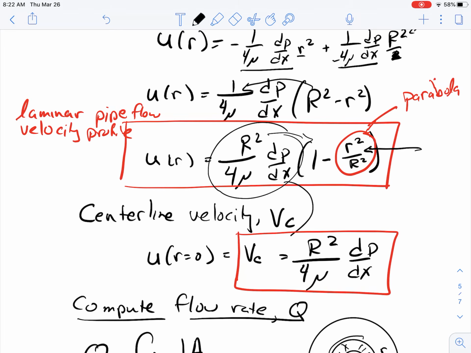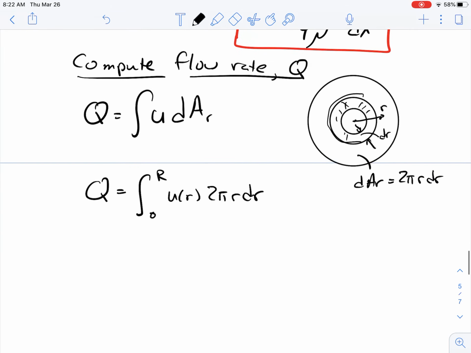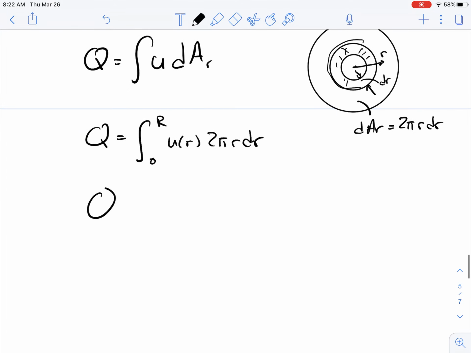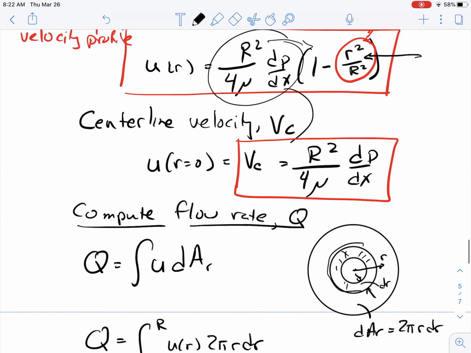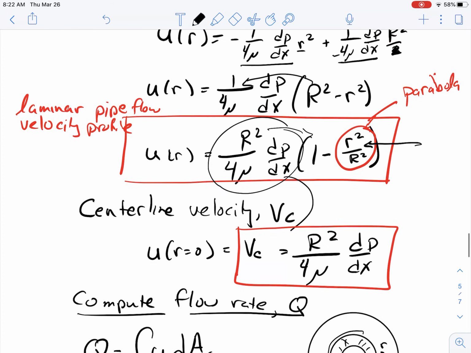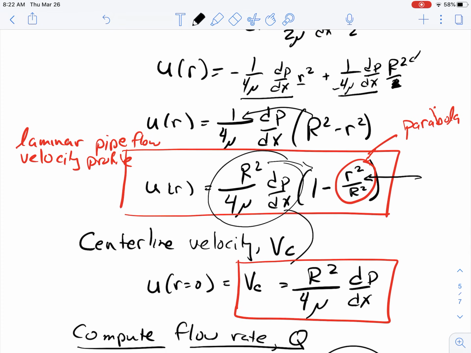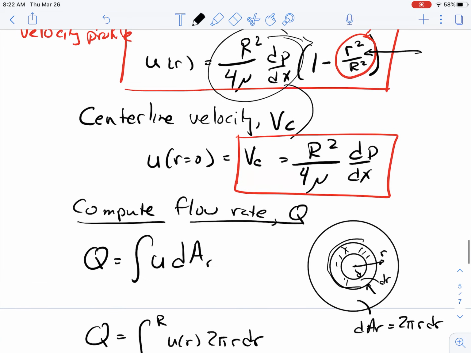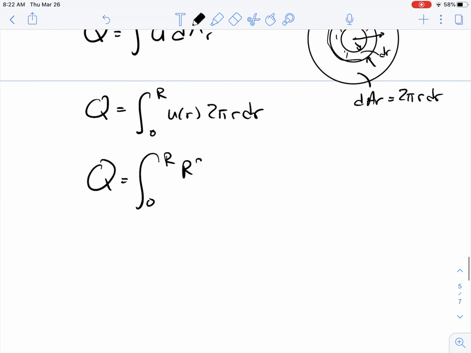So Q is equal to the integral from 0 to R, and let's use R squared over 4 mu dp dx.